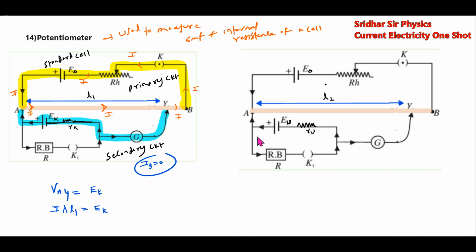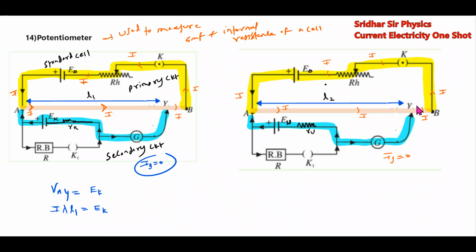VAY should be equal to current I times lambda L1. Similarly, we'll connect another cell in the secondary, and in the primary circuit, as usual, the standard cell will be there. The same current will flow here, and the current through the galvanometer will be 0.